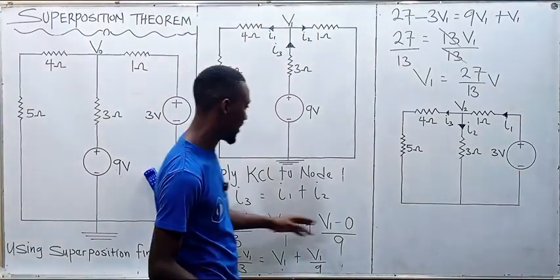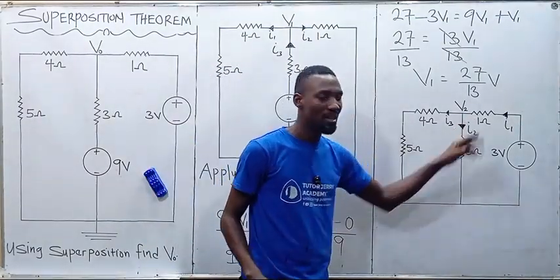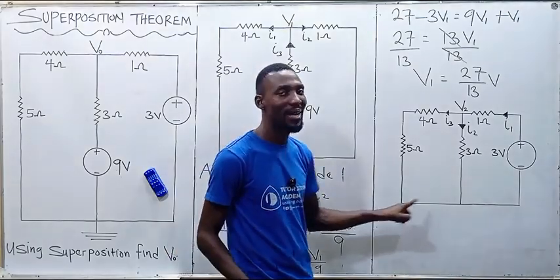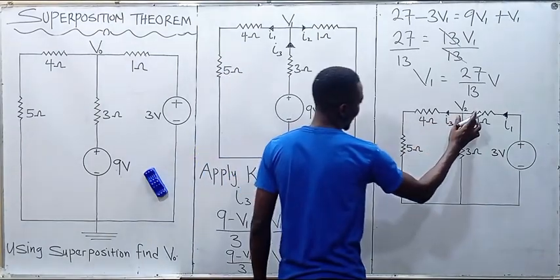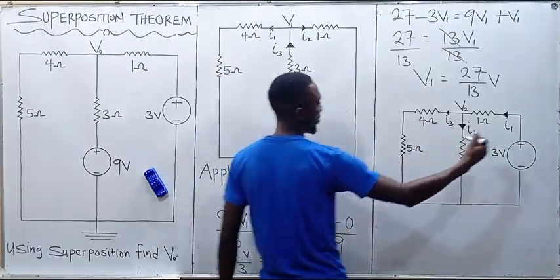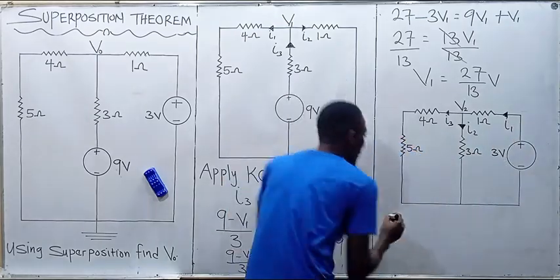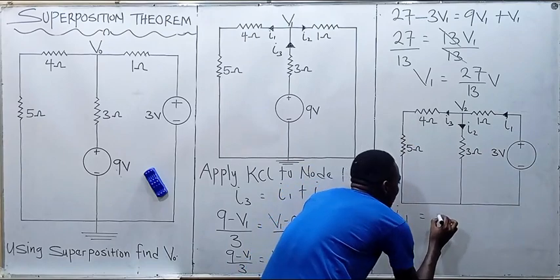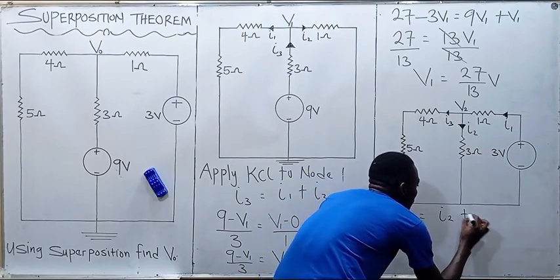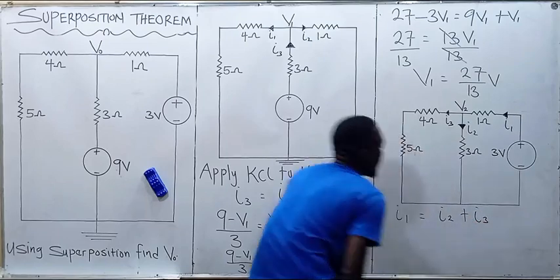So again, we are going to apply KCL. I may not be writing apply KCL at node 2, but you should note that we are going to apply KCL at node 2. All right, so if we apply KCL at node 2, and the sum of current entering is I1, it shows that I1 will be equal to I2 plus I3. Right?